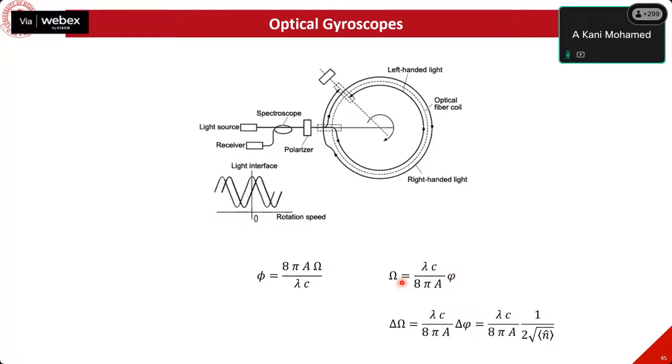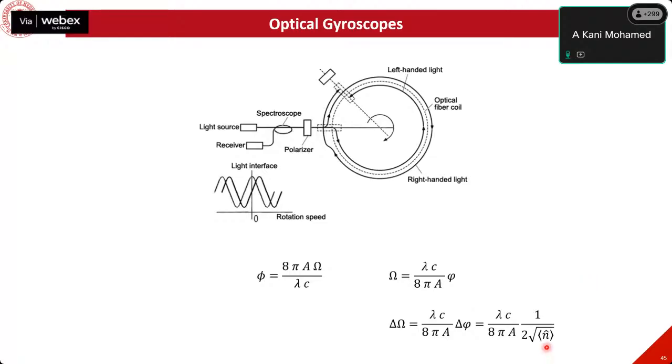Now we can ask what is the minimum, or what is the sensitivity, that we can achieve while measuring the rotational speed of this instrument. This is related to delta phi, the minimum sensitivity that we can achieve on the phase estimation of this laser. That is inversely proportional to the square root of delta.